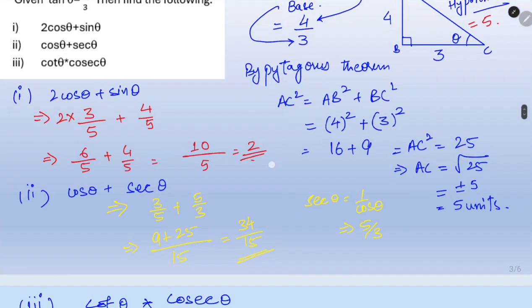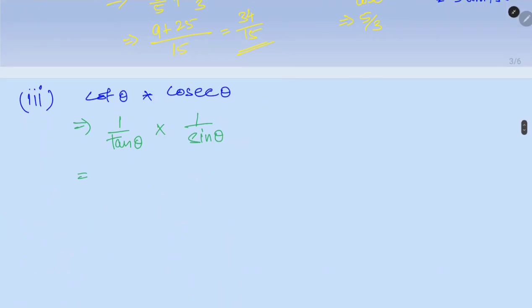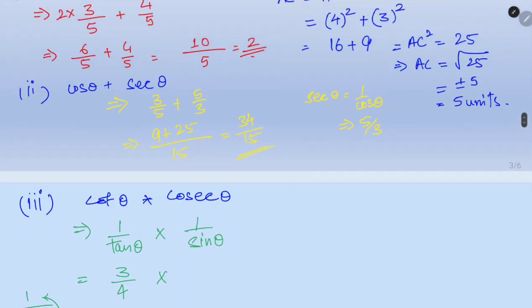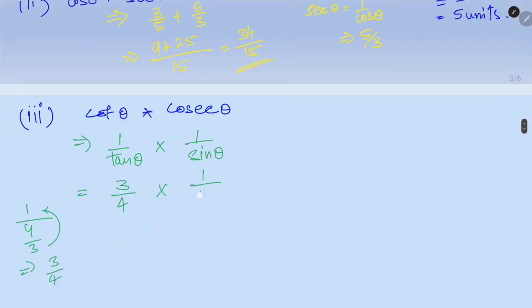It is 4 by 3, that means cot theta will be equal to 3 by 4. Cot theta into 1 upon sin theta. What did we find for sin theta? It's 4 upon 5. So 1 upon 4 upon 5 is 5 by 4, so 3 by 4 into 5 by 4 is equal to 15 upon 16. It is the value of the third part.